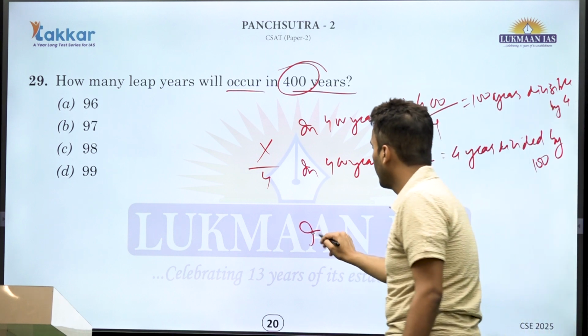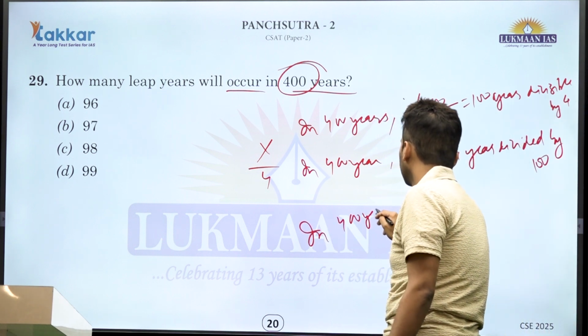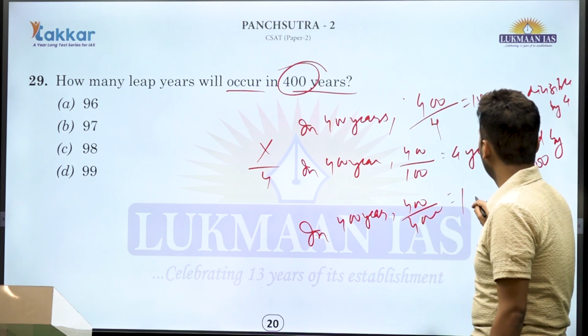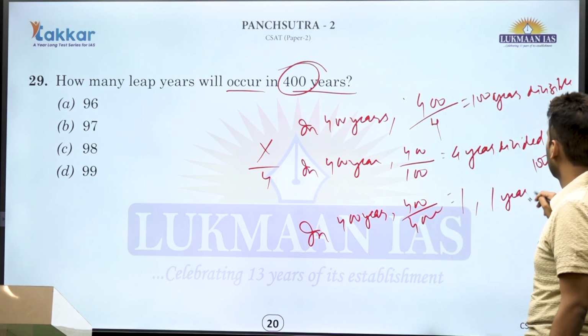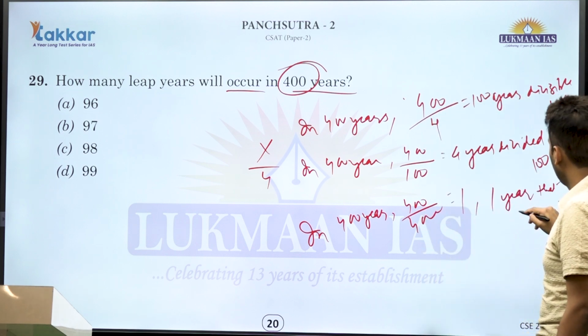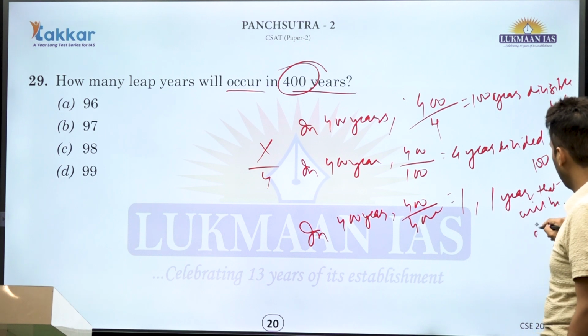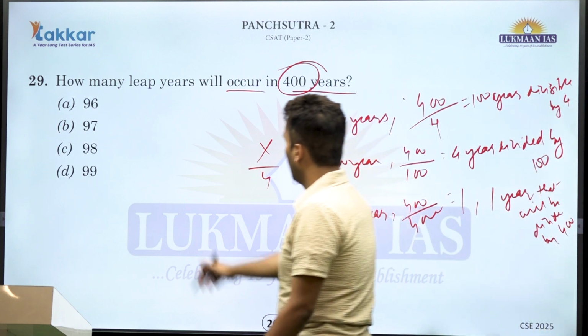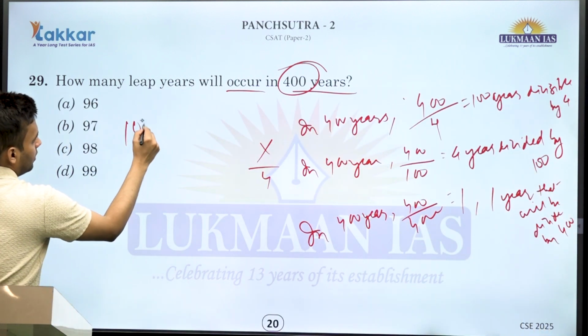Now 400 divided by 400 equals 1, so there will be 1 year divisible by 400. So we got 100.